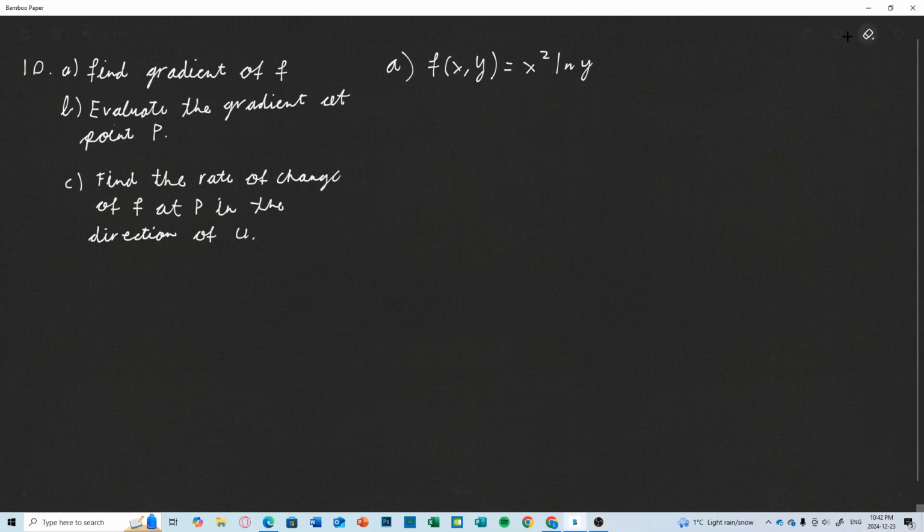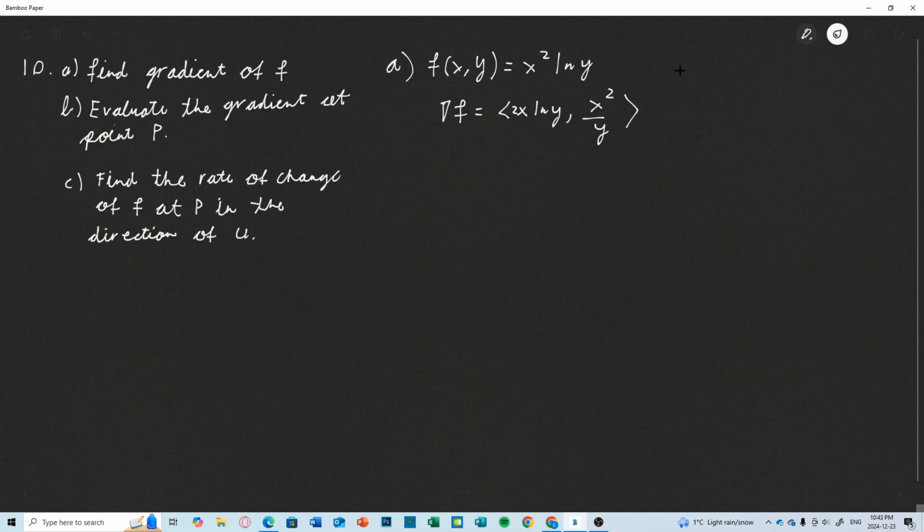So here we have question 10, so our first step is finding the gradient of f. And our f is equal to x squared ln y. So our gradient of f here will be equal to 2x ln y and x squared over y, because we just did the partial with respect to x, and then here we did the partial with respect to y.